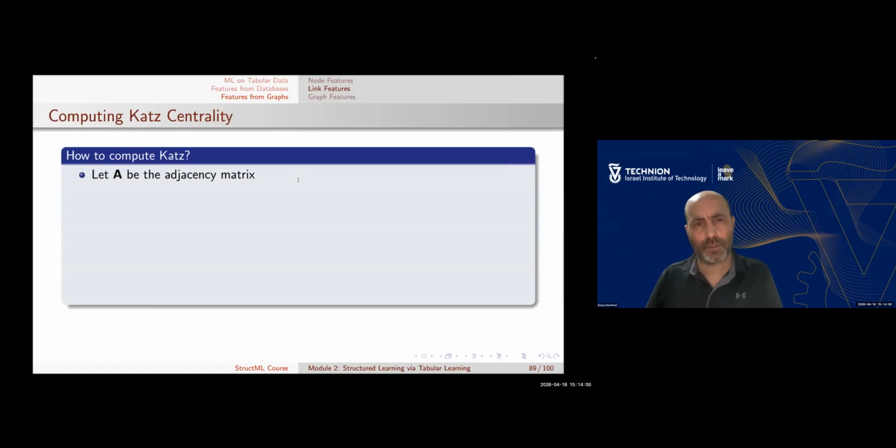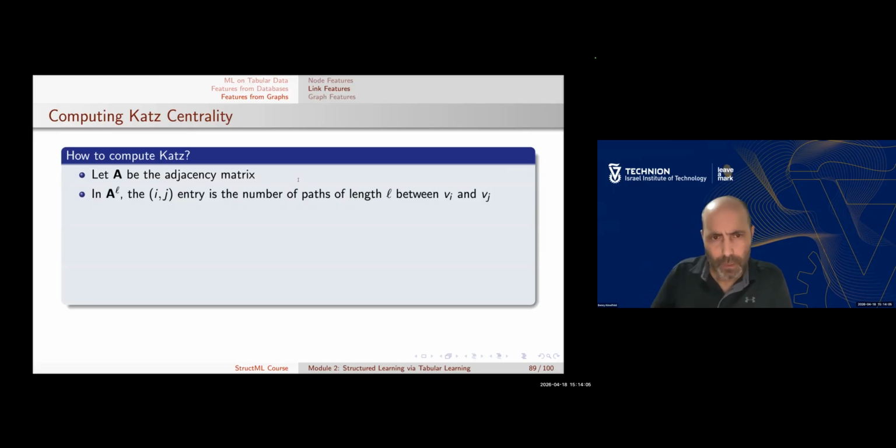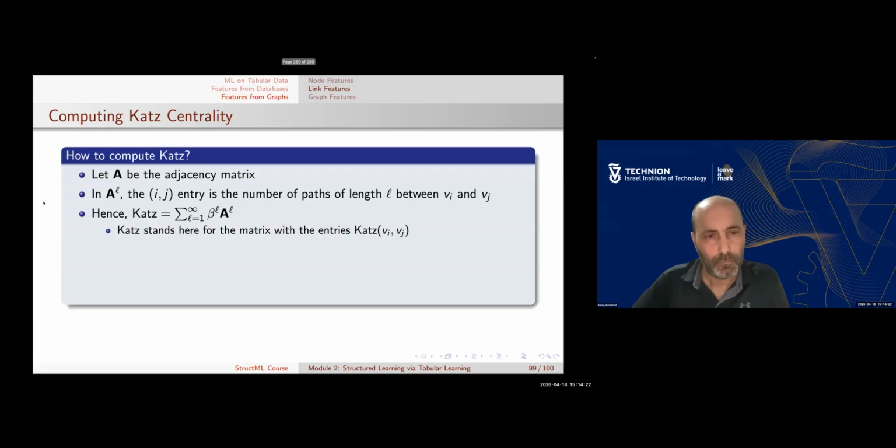Let A be the adjacency matrix of the graph G. You can easily verify that if you multiply A by itself L times, then the ij-th entry is the number of paths of length L between the node Vi and the node Vj. What it means is basically that the Katz matrix, with entries Katz(Vi, Vj), is the infinite sum of beta to the power of L times A to the power of L.